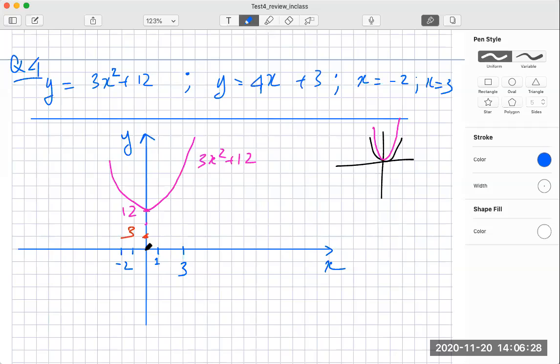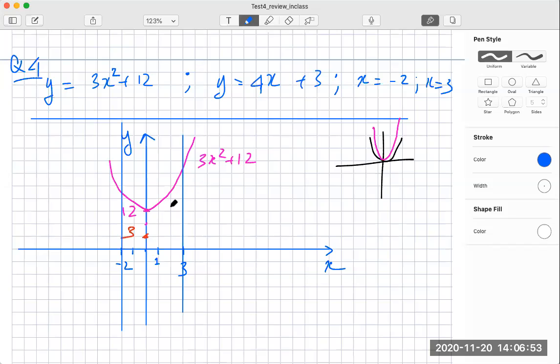Here the distance from 0 to 3 is 3 units, but in the y direction we can divide it differently, it's fine. So now here the line is x equals -2, it should be this guy, right? And here x is equal to 3 is this line.